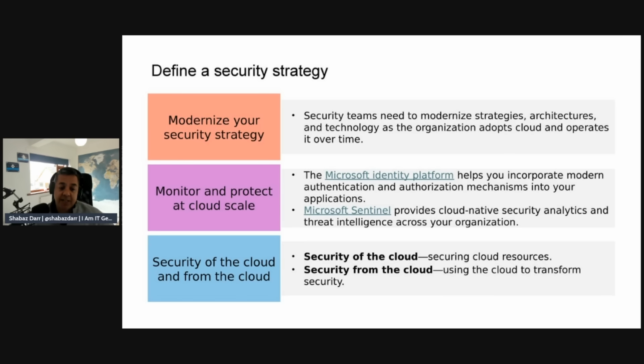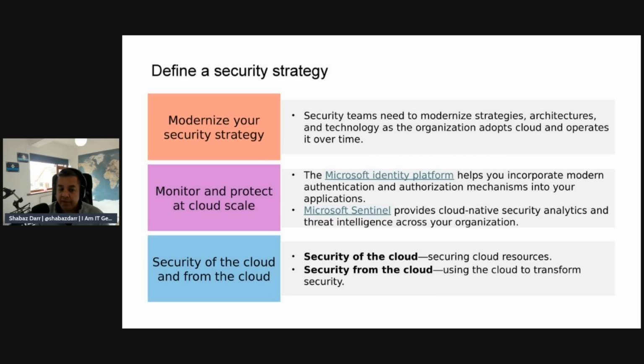Let's talk about defining a strategy. There are 3 different aspects when you talk about defining a security strategy. First of all, you've got to modernize your security strategy, especially with on-premises. A lot of companies and organizations have an on-premises background, and their infrastructure resides there. So a lot of their policies and strategy are based on it.